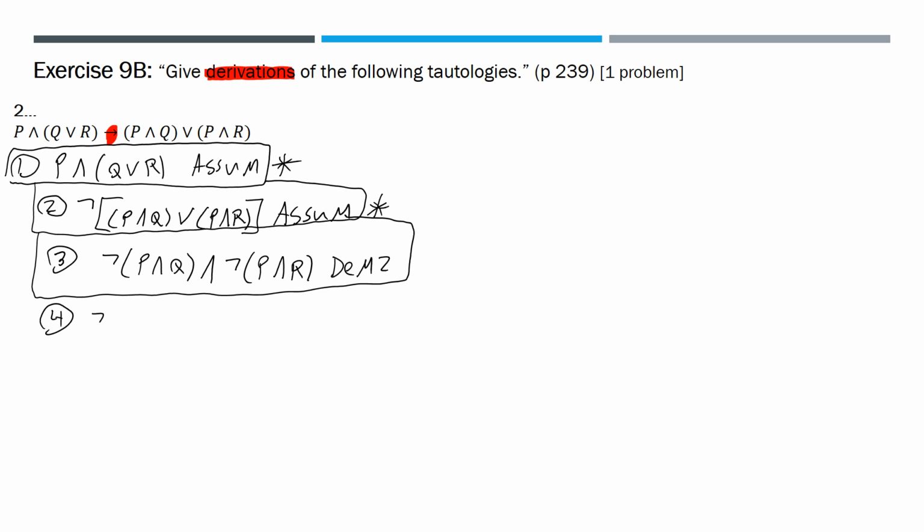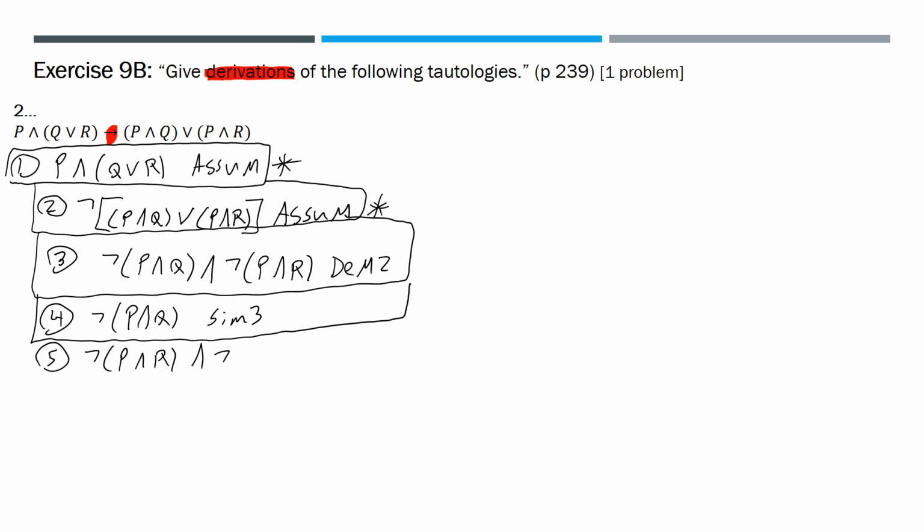We can get not P and Q. So that's a simplification of 3. And likewise, we can get not P and R and not P and Q by the commutative rule with line 3.